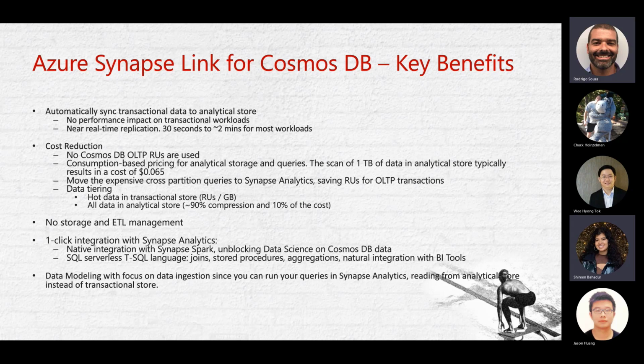Now, customers can model their data. They can choose a partition key and focus on data ingestion. Again, OLAP analytical workloads will happen somewhere else, and the partition key isn't important anymore for analytical workloads. Let's go to the next slide, please.